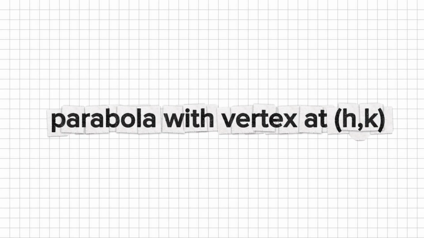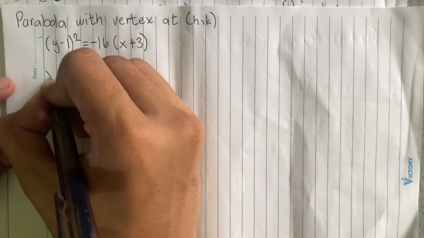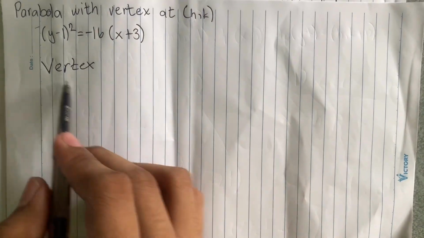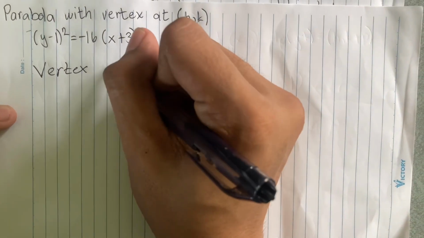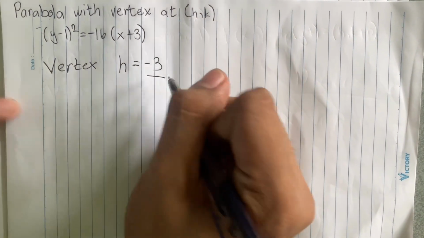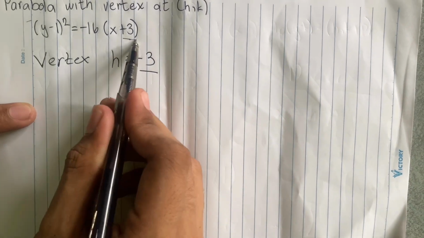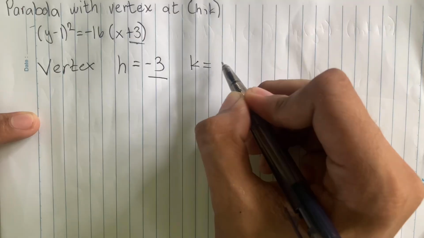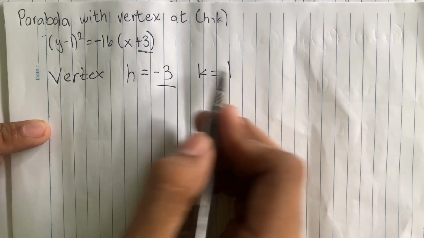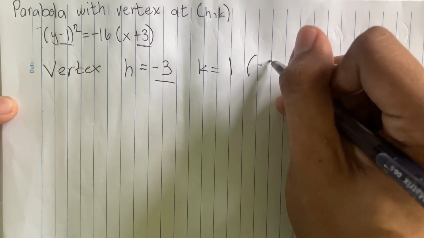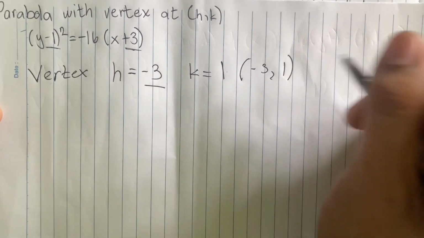Now, parabola with vertex at h, k. First, we will find the vertex. So this will become negative 3, 1.